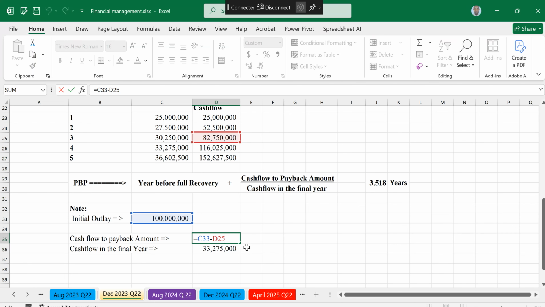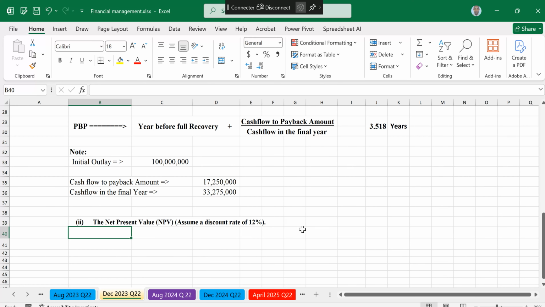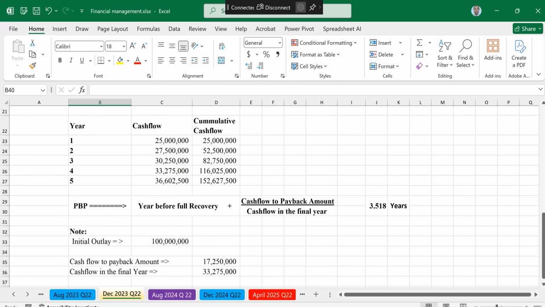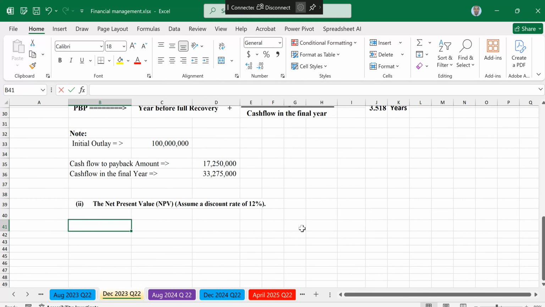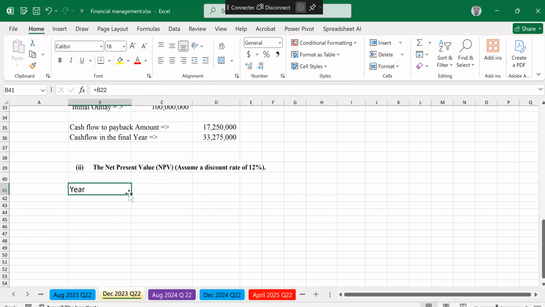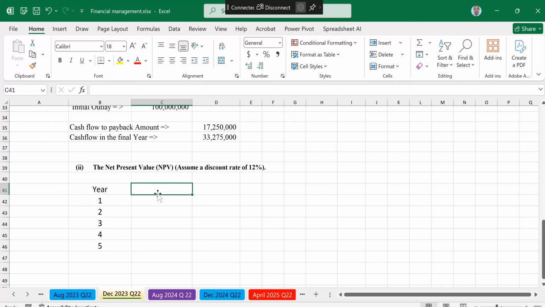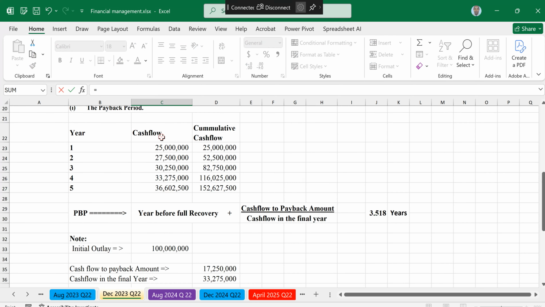Got that? So now the net present value of the project. We already have some figures that we want to use up there. So just do equal sign, then pick the year, drag down. Then the cash flows are also up there.